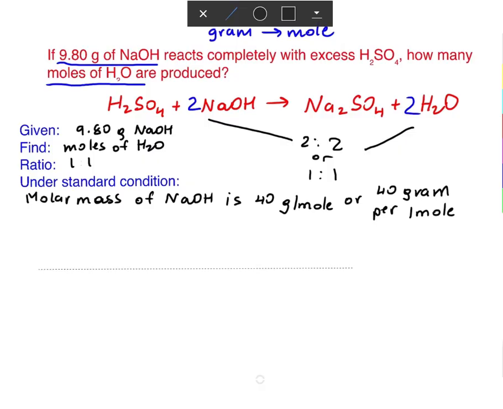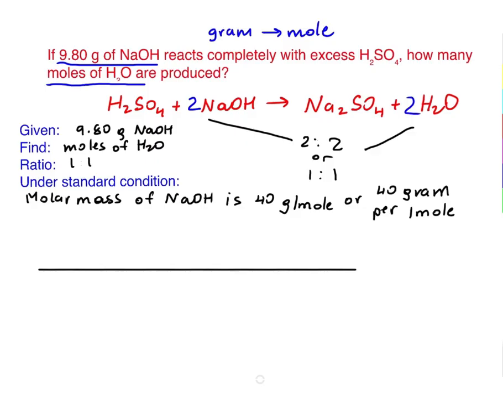We can go ahead and solve for the unknown. So first you need to write what's given to you. It's 9.8 gram of NaOH. So first of all, you write that given number, and of course you need to write the unit as well.